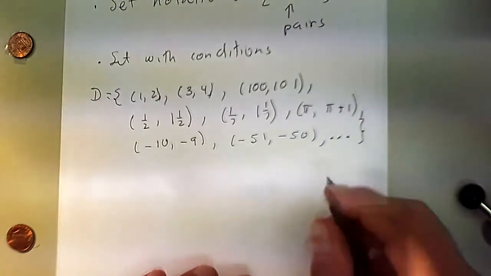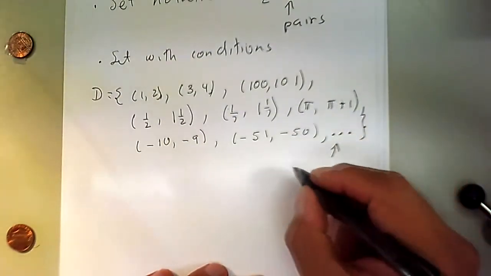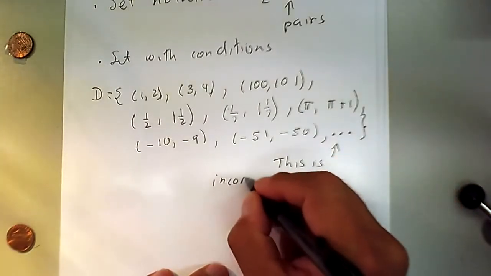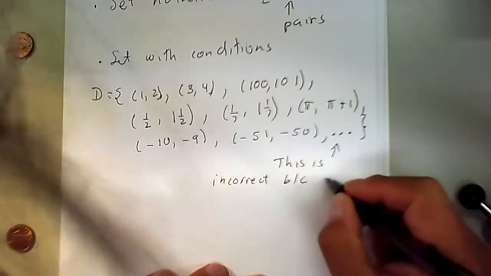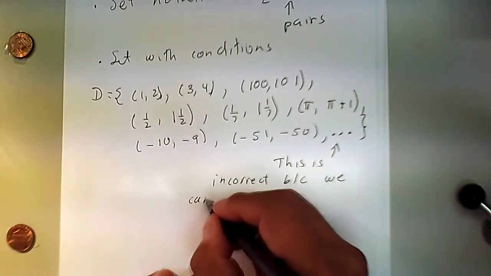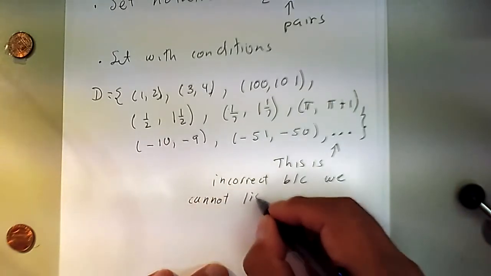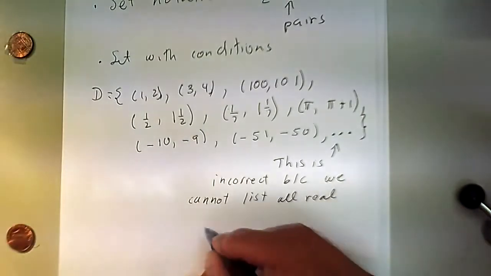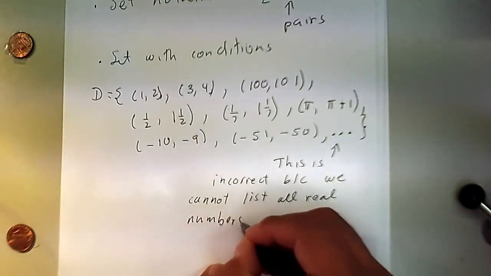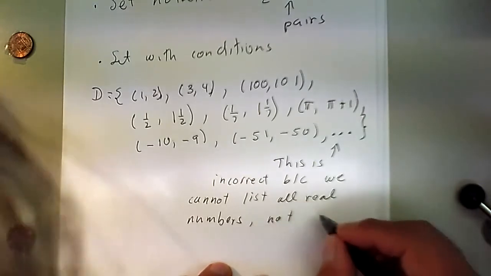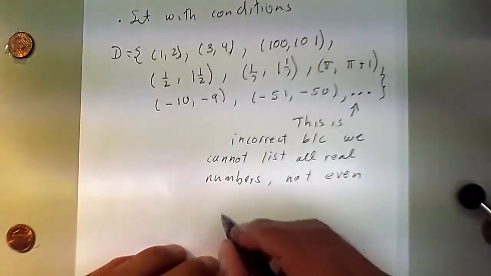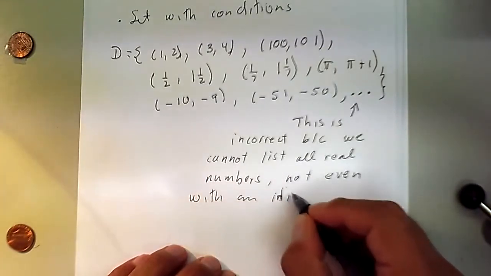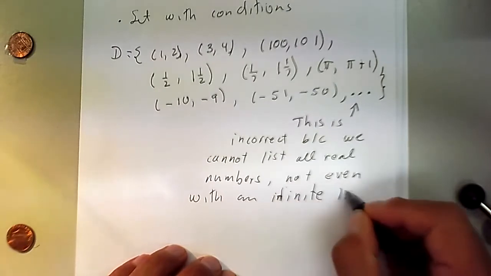I'm going to make a quick note of that: this is incorrect because we cannot list all real numbers, not even with an infinite list.